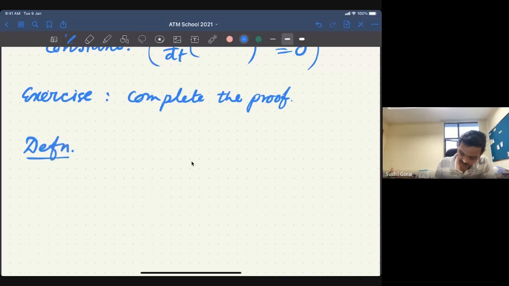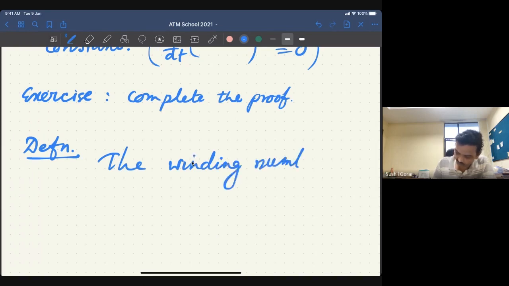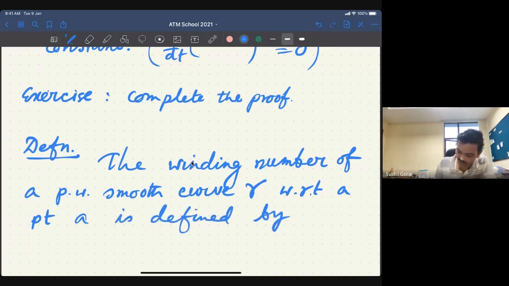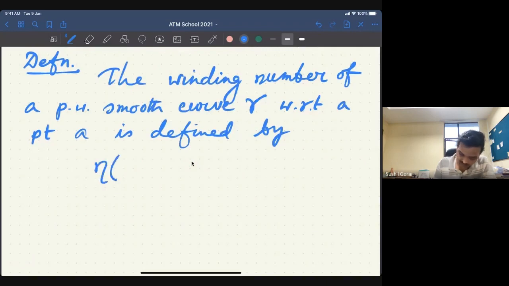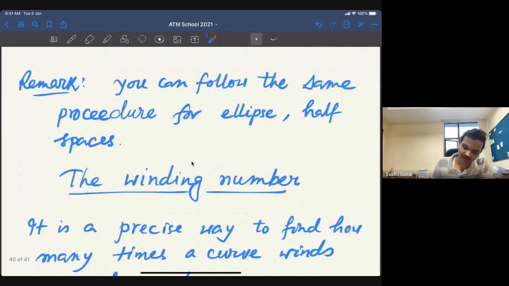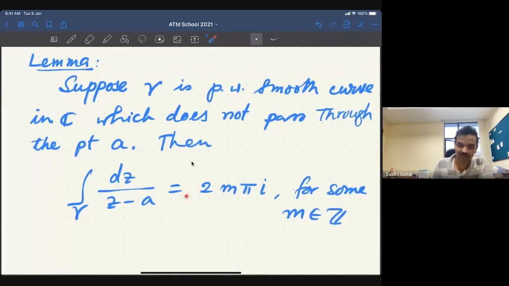So definition: the winding number of a piecewise smooth curve gamma with respect to a point A is defined as follows: eta gamma A is defined as 1 over 2 pi i times the integration over gamma of dz by z minus A. So that's what I was pointing out, that we need to define this in terms of this integral.